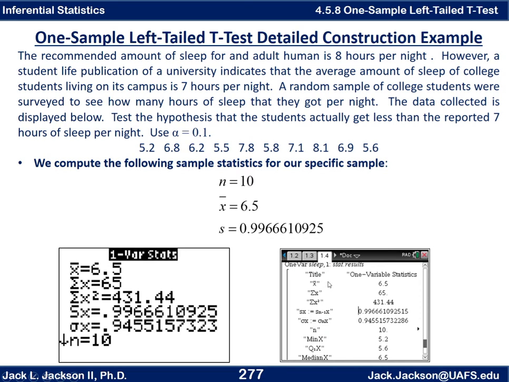I believe, if I remember right, it is menu, statistics, stat calculations, and I think one variable statistics is, again, the first one there. Tell it you have one list, and that you want to do it for list 1, and you get this same information here. This arrow down gives you the quartiles. You can see they're here as well.